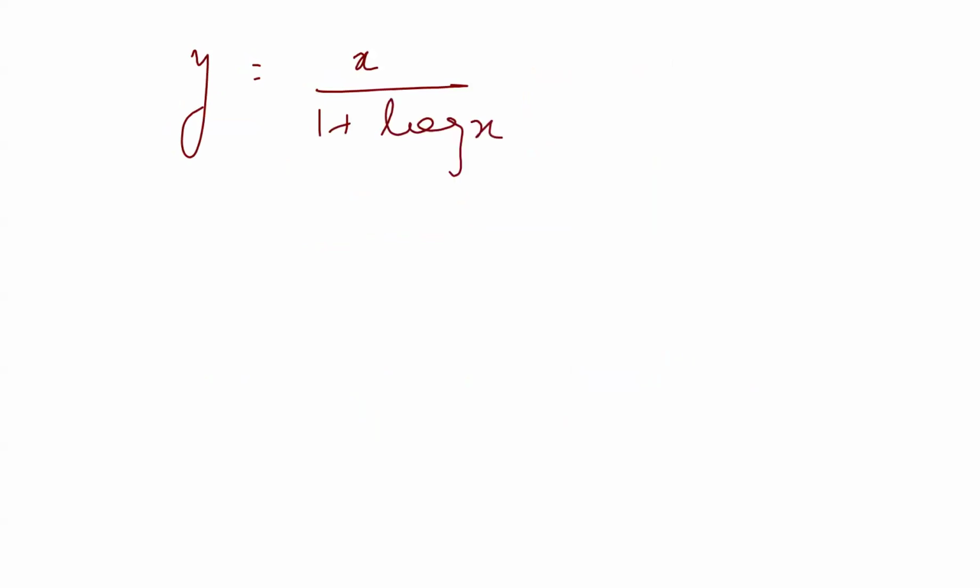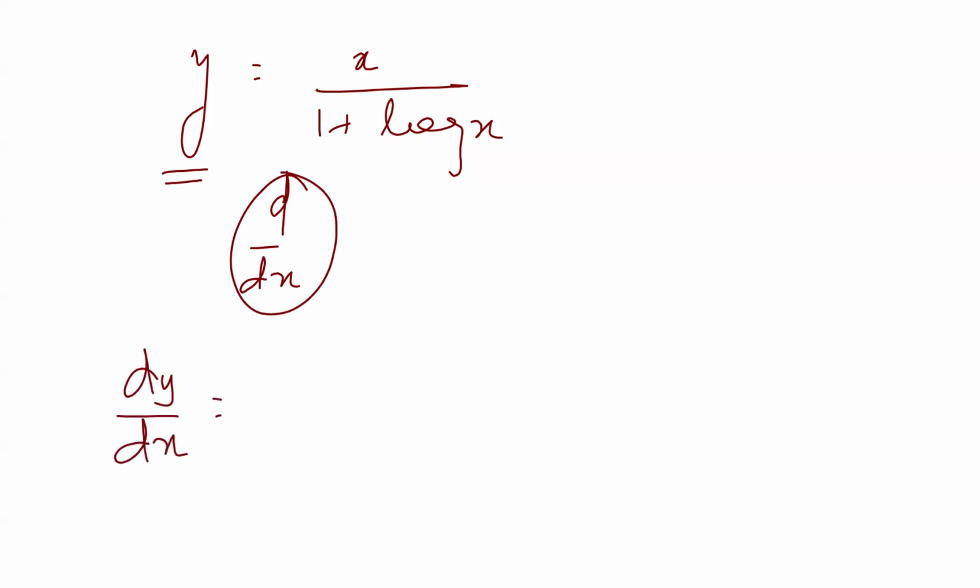Now it is better for me to derive. The derivative of y is dy by dx, the derivative of the right hand side, which is the quotient rule.